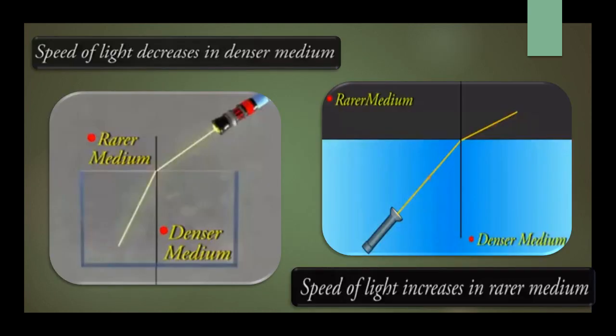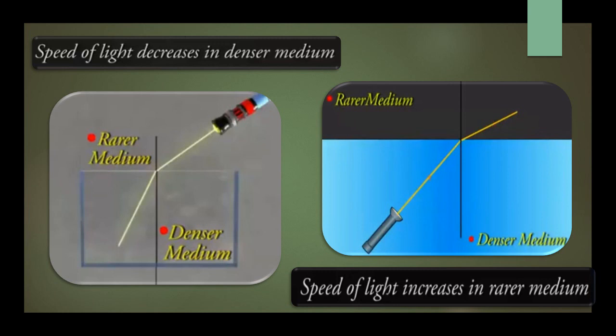After having the knowledge that speed of light is different in different media, you have observed that speed of light is maximum in air as compared to water and is more in water as compared to glass. Now see practically what happens when light travels from a denser medium to a rarer medium. In the second picture, the light is traveling from a denser to a rarer medium.